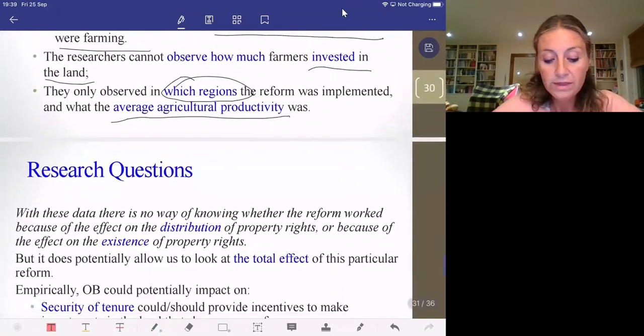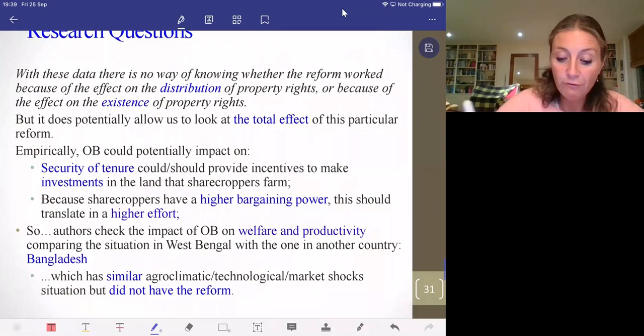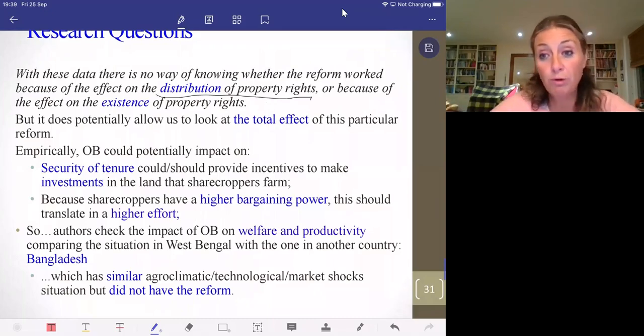Now, with this information, and this is a sentence that comes directly from the paper, there's no way of knowing whether the reform worked because of the effect of the distribution of property rights or because of the existence at all of the property rights, because the only thing they know and get a proxy for is how many registrations each area got.